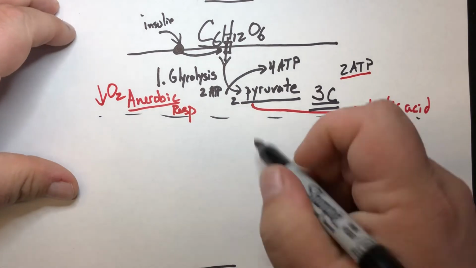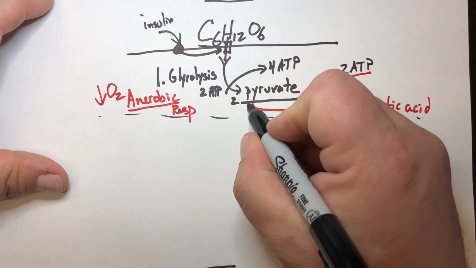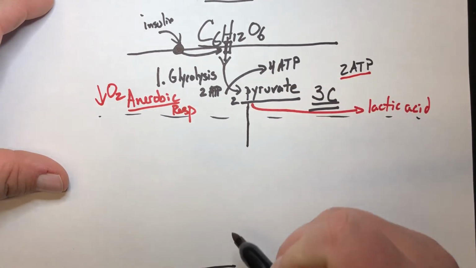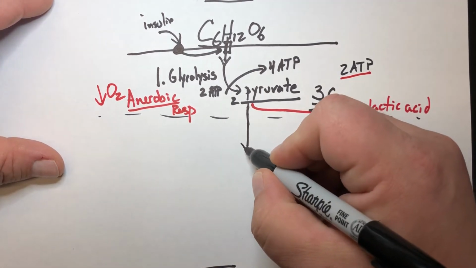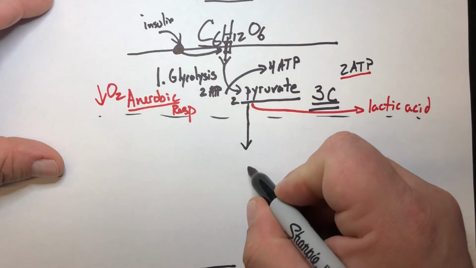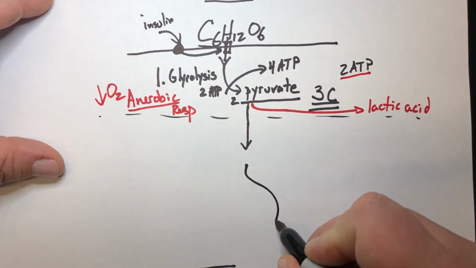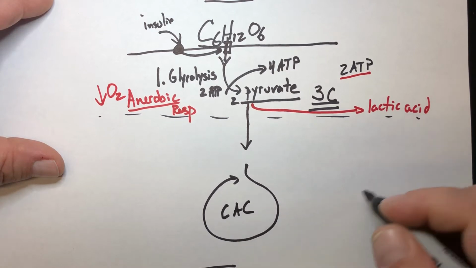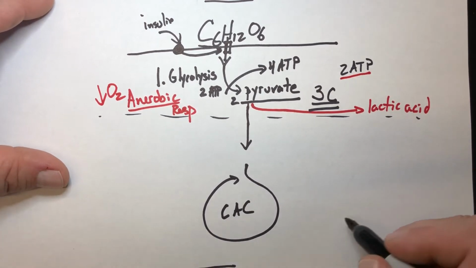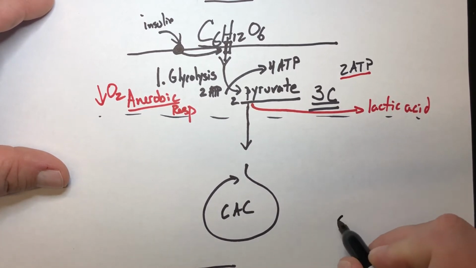If there is enough oxygen, pyruvate gets transported down to the mitochondria. In the mitochondria, we see first step being the citric acid cycle, and then citric acid cycle is used to drive electron transport.